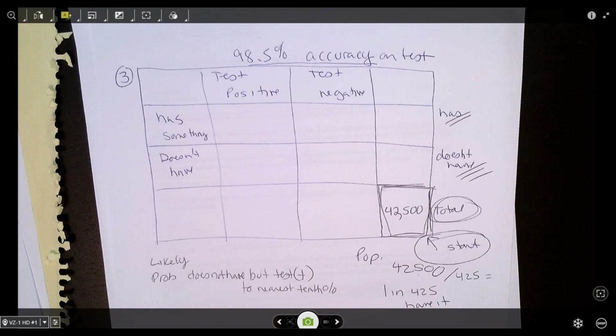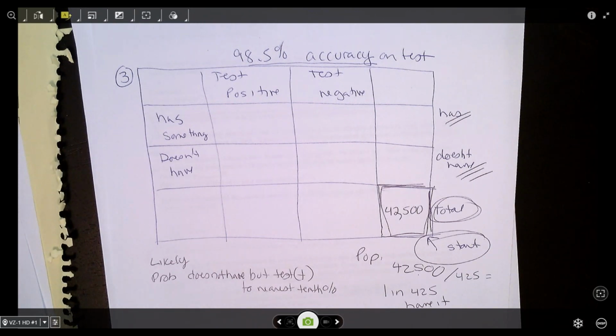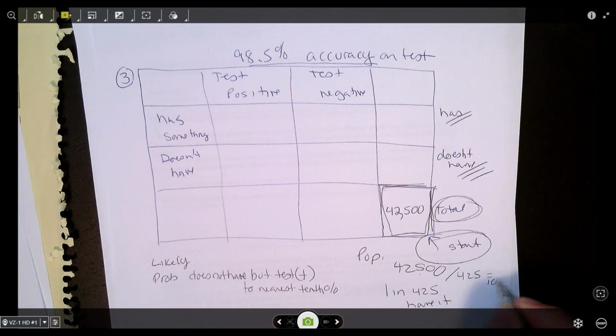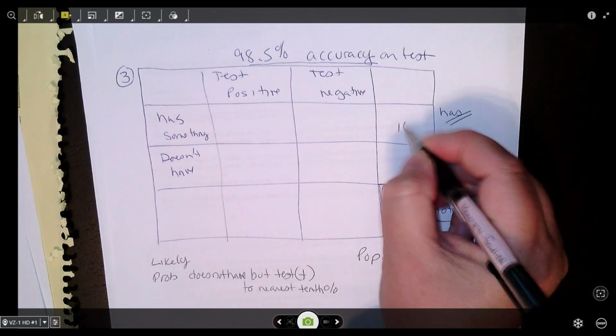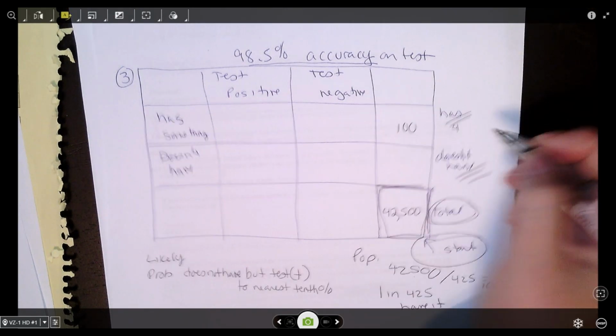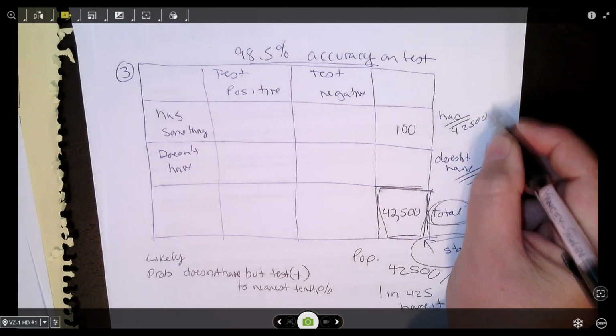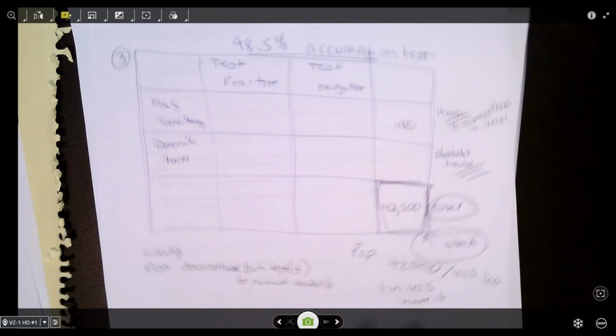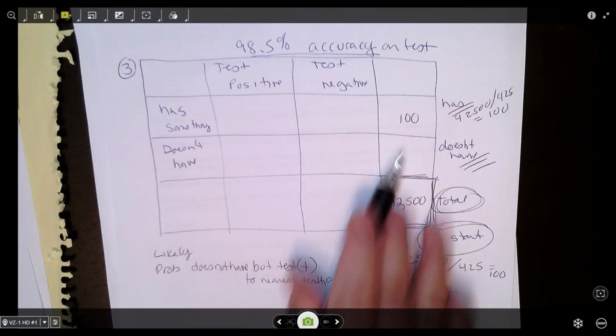Normally they're going to give you a percent where you'd make it a decimal and multiply, or they're just going to say 500 have it. So we're going to divide by 425, and that tells us 100 have it. That was given in the text. And then it's kind of like filling in the blanks.